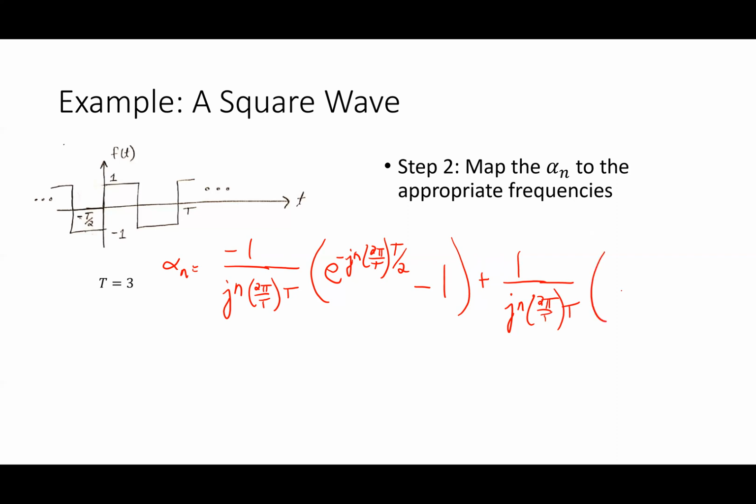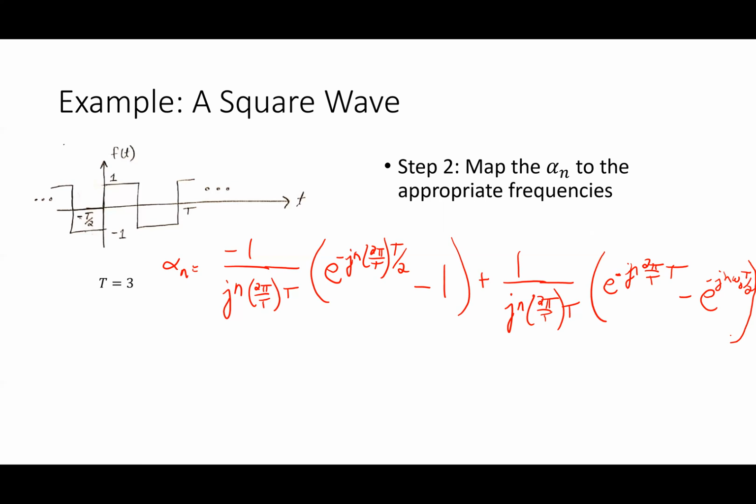I don't like doing that. This becomes e to the negative j n omega naught 2 pi over T, minus e to the negative j n omega naught T over 2. I don't have enough space to write that all out like that.